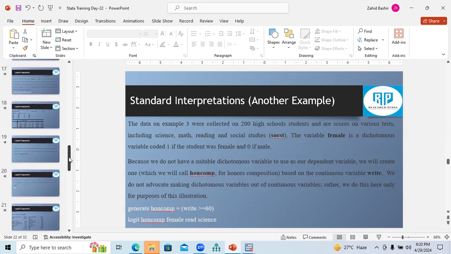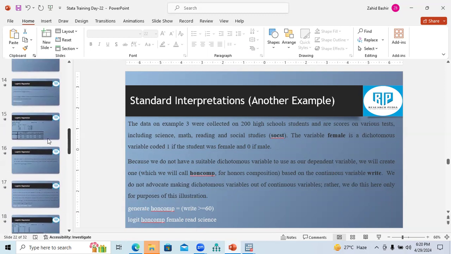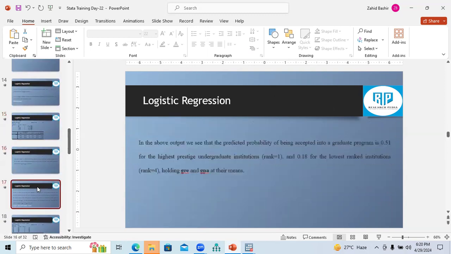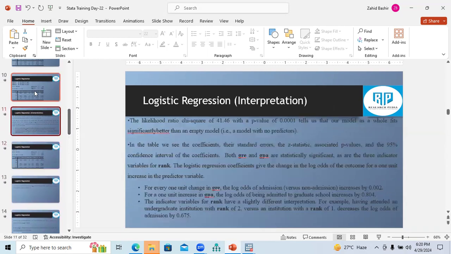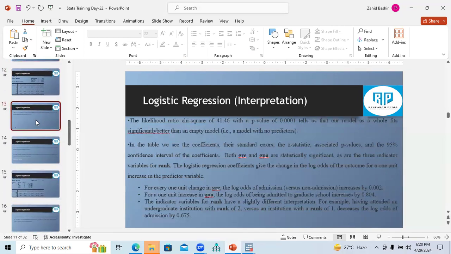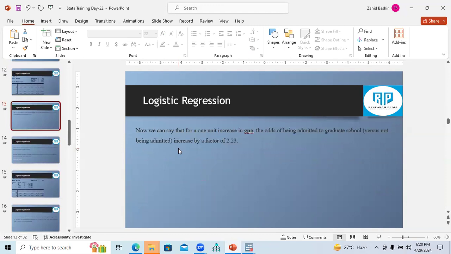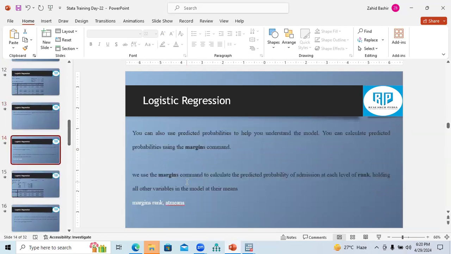For your practice, please consider the first example in order to understand logistic regression, especially its interpretation. It is very important. You need to interpret the model, and how to interpret the odds ratios and how to consider the margins here.